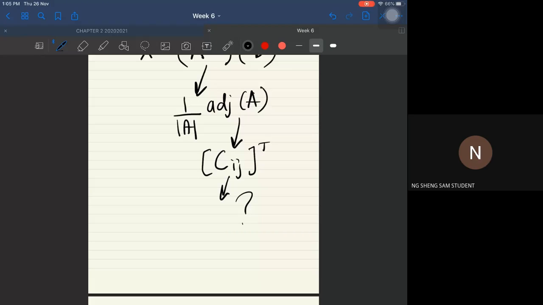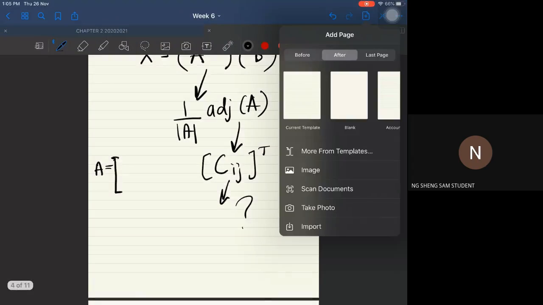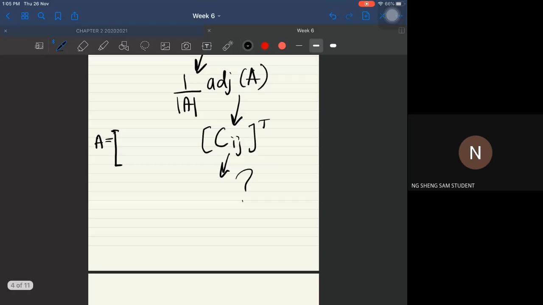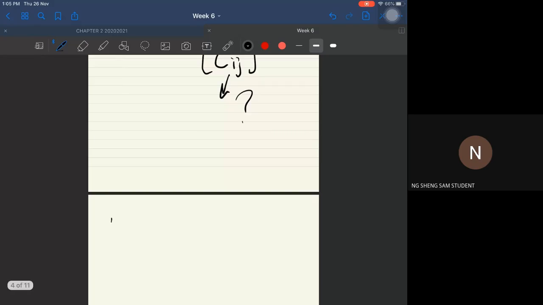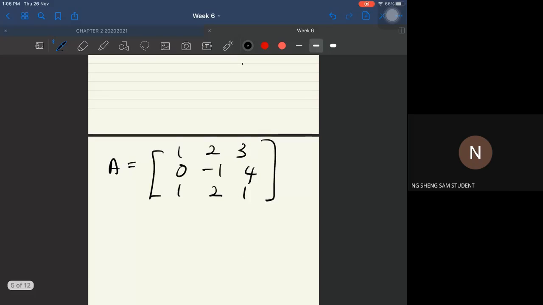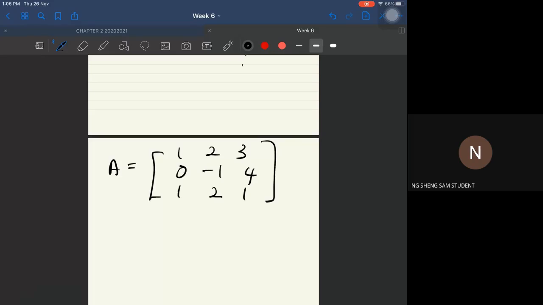Saya ajar, when you have a matrix A, contoh matrix A awak ni, okay, saya risau sebab ramai sangat yang buat salah, so I need to explain. Okay, contoh matrix A yang saya ada 1, 2, 3, 0, negatif 1, 4, 1, 2, 1. Okay, bila kita kata cofactor matrix, maksudnya you kena cari C11 sampai C33.